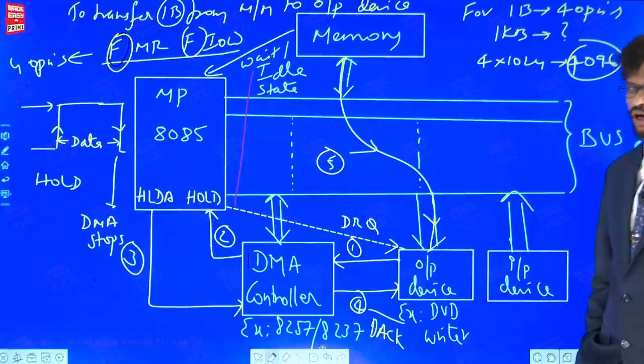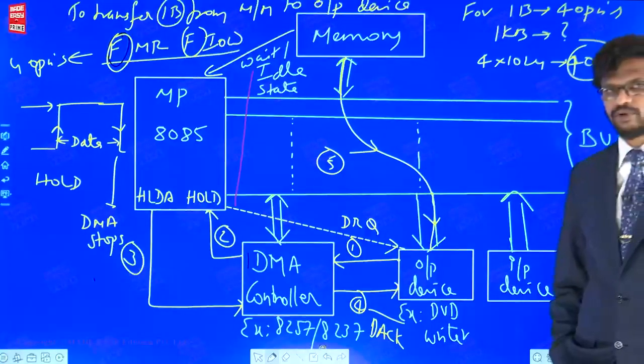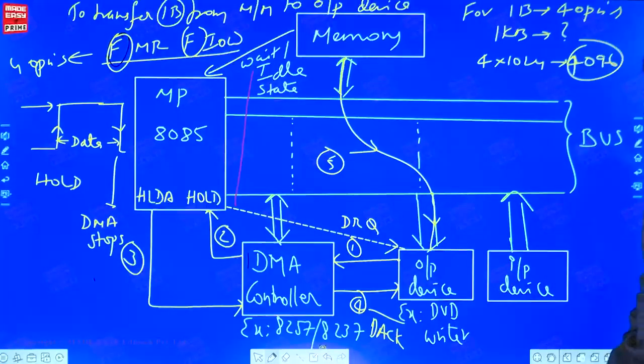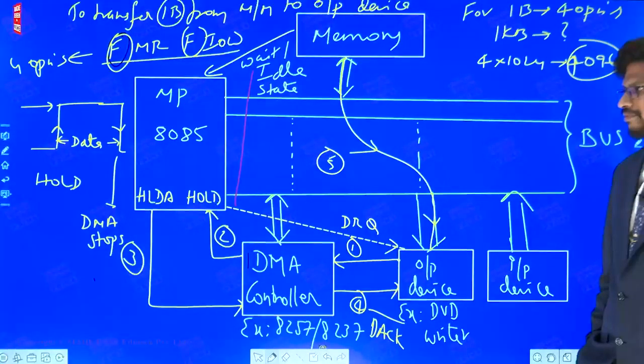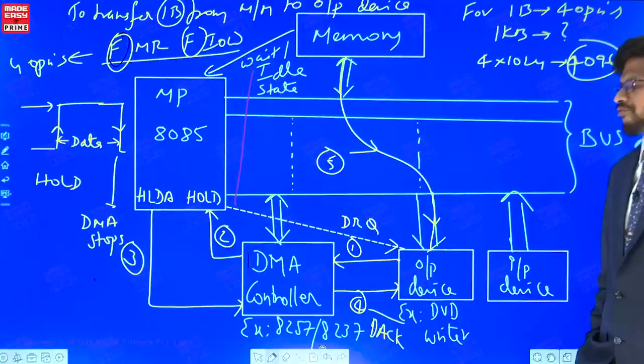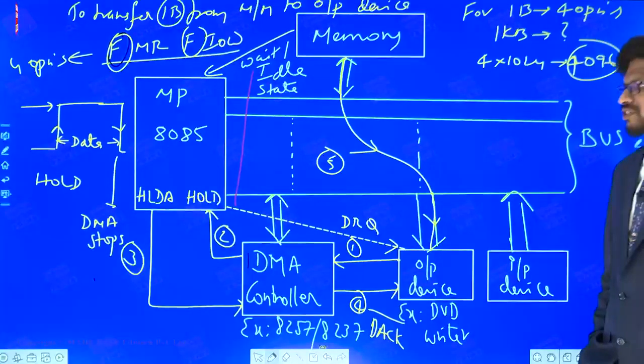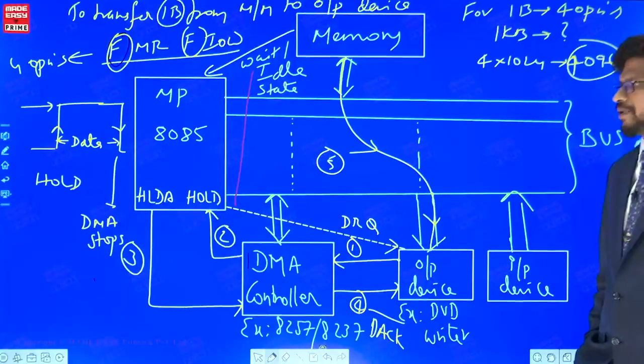Now you can write hold. Write the explanation about the hold. High active input signal of the processor which receives the signal from DMA controller, requesting the buses for DMA operation.